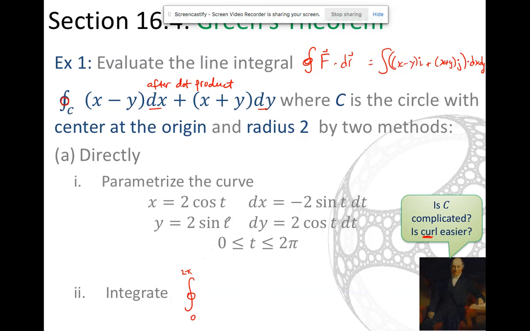Zero to 2 pi of x minus y dx plus x plus y times dy.